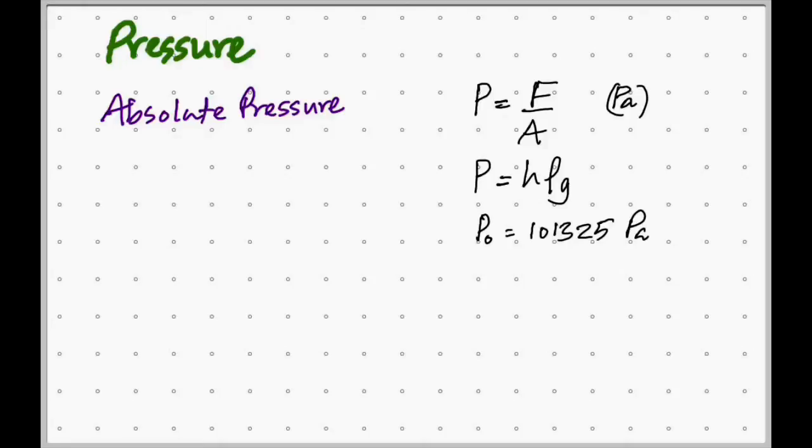That's why I wrote absolute pressure there, because I wanted to remind you that it's gauge pressure plus the atmospheric pressure. What do you mean by gauge pressure? It's h rho g. There was a question in the homework that asked for the gauge pressure, but we had to take into account the absolute pressure.